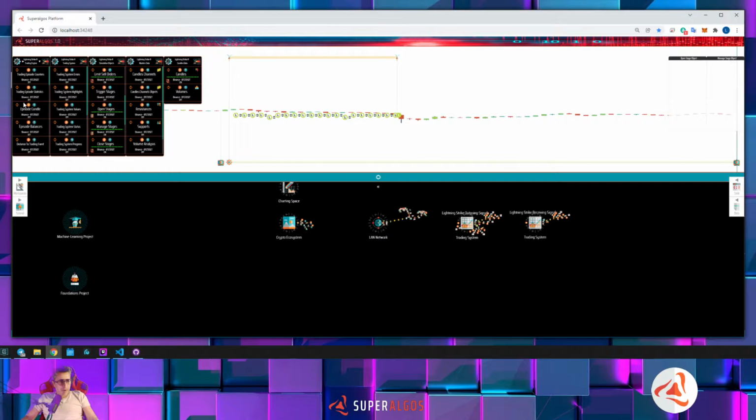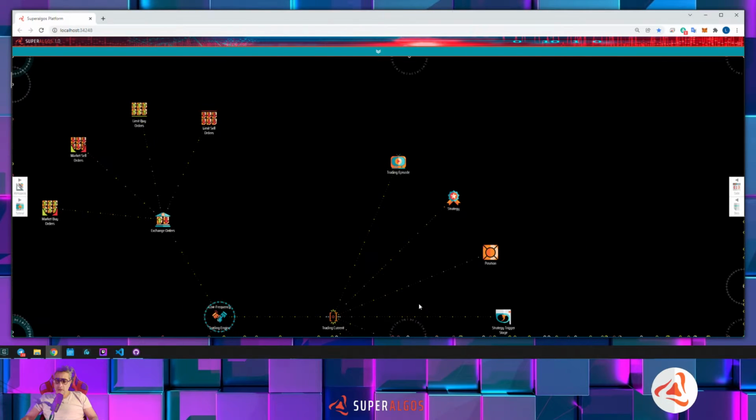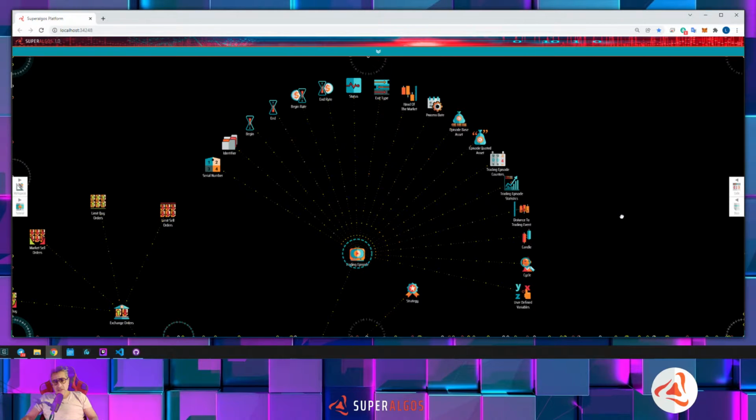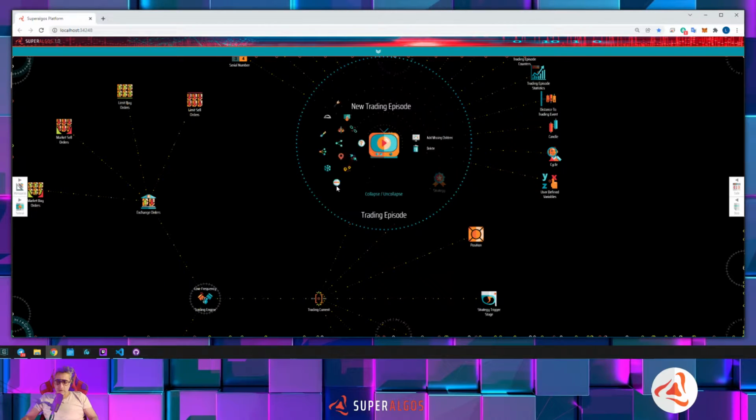Okay, so let's remember how this works. Here we have the trading engine layers, and the ones that we will need are the layers related to, I don't remember. So let's check out the trading engine. Don't remember if it is here. No, probably not.